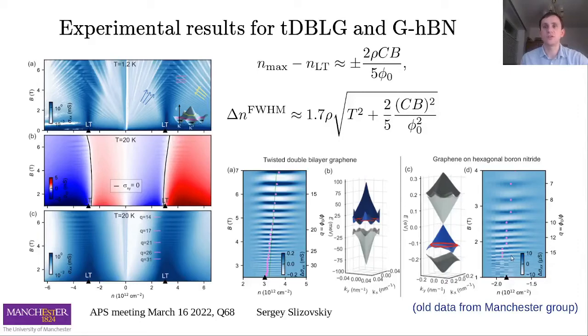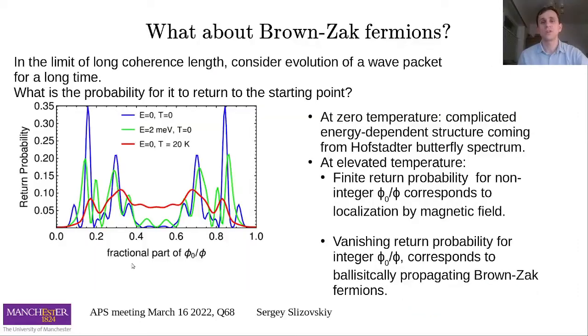Here, these predictions are matched to experimental results for twisted double bilayer graphene and for the valence band of graphene on hexagonal boron nitride. In order to connect the semi-classical formalism to the exact diagonalization approach, we consider a different limit of a very long coherence length. Then we take a large network and numerically compute, for example, the probability to return back to the initial point after some long time. The return probability at zero temperature is shown by blue and green curves and reflects a complicated Hofstadter butterfly spectrum.